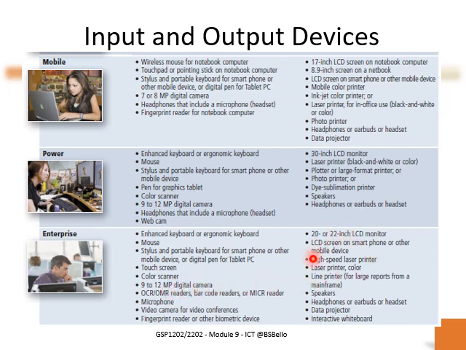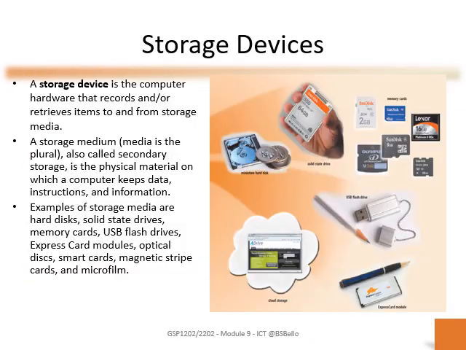In terms of printers, they may require a high-speed laser printer because they print a lot, and also speakers as well. And in an enterprise environment which includes schools and institutions, we will require an interactive whiteboard for a bigger display.